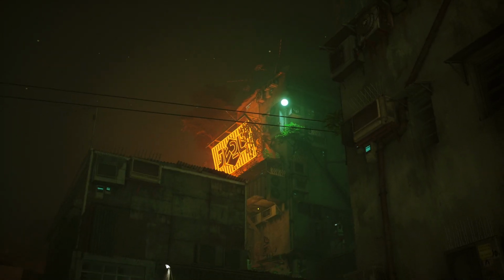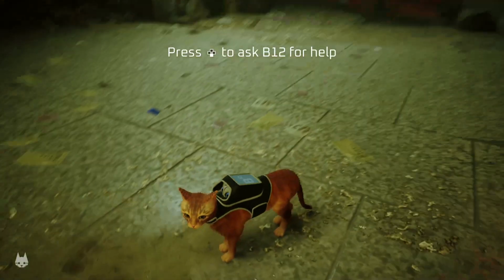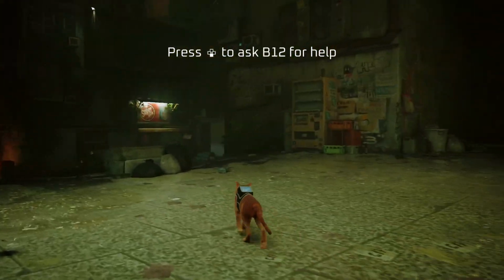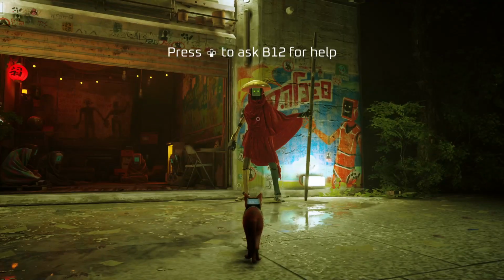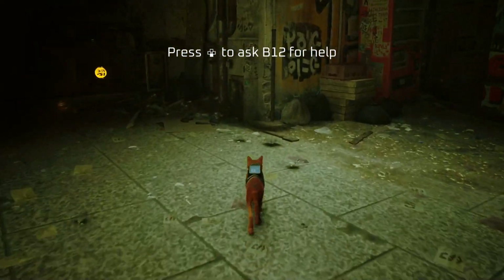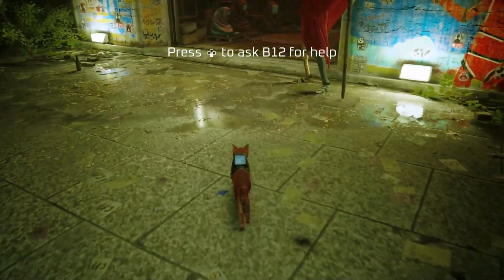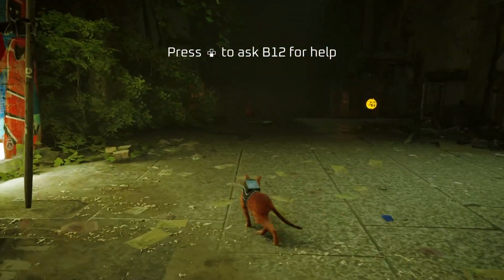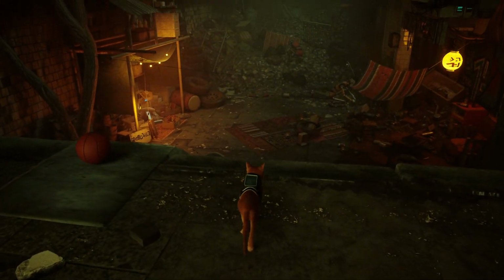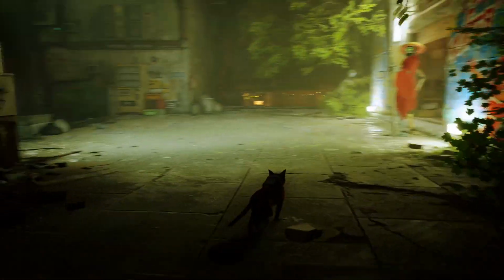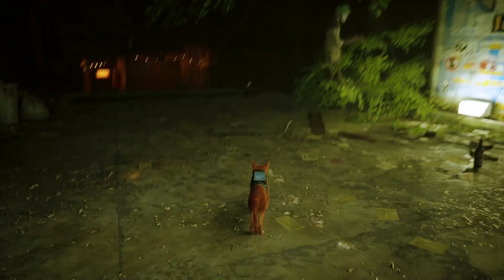So the location is up there, but in my exploration in the previous attempt here, I did not find the way to get there. So I think what I'm gonna do is just explore off screen a little bit.